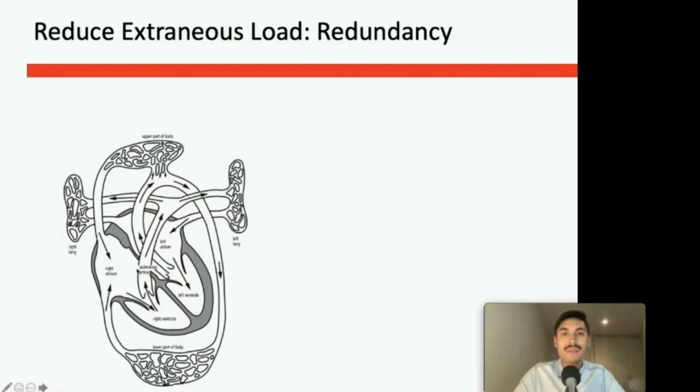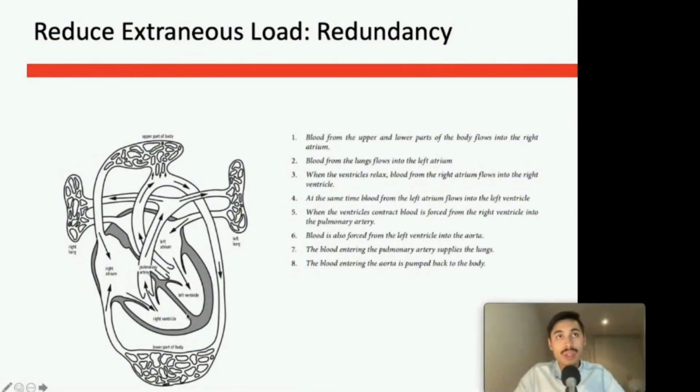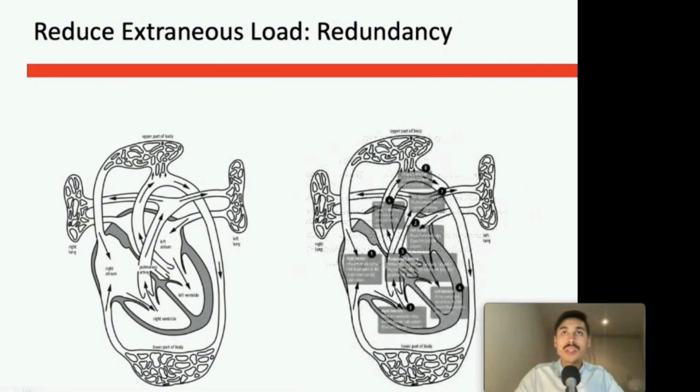That's condition 1. In the second condition, students were given this diagram as well as this descriptive text. And in the third condition, students were given a diagram with the same descriptive text integrated within the diagram. And the question for Sweller and Chandler was, which of these 3 conditions will support students to learn most effectively?